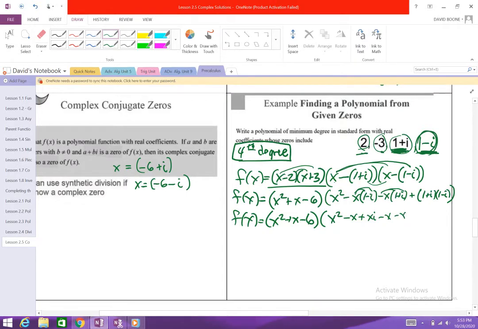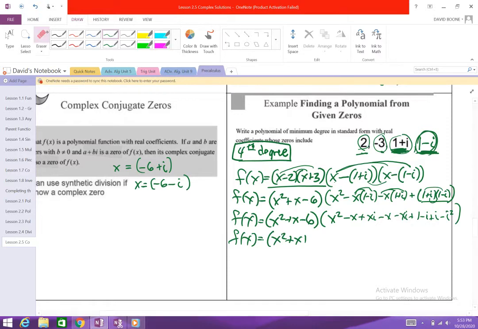Here, you have a minus x. And then distribute there, so it would be a minus xi. And then here we're foiling actually. So first it would be 1 squared, which is 1. Outsides would be negative i. Insides would be positive i. And the last would be minus i squared.